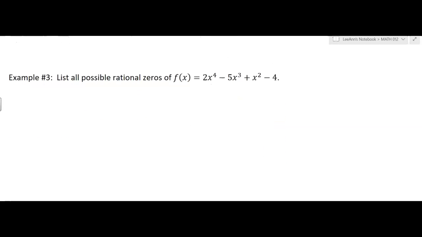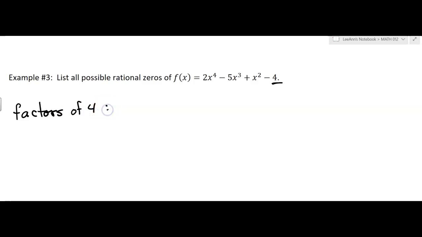All right, so it says list all the possible rational zeros of, and then it gives us this polynomial. So we're going to look at that 4 at the end. It's a -4, it doesn't matter, because we're going to go back and do all the plus or minus when we get the factors. So I'm just going to consider the factors of 4.